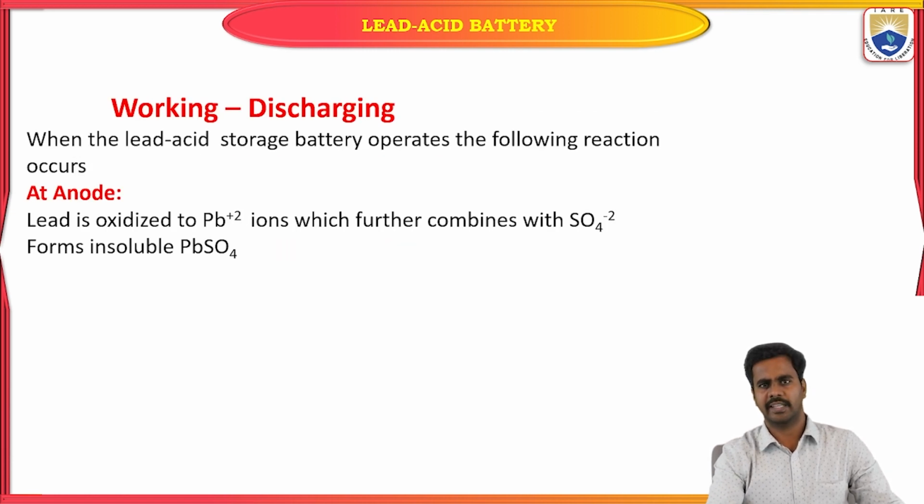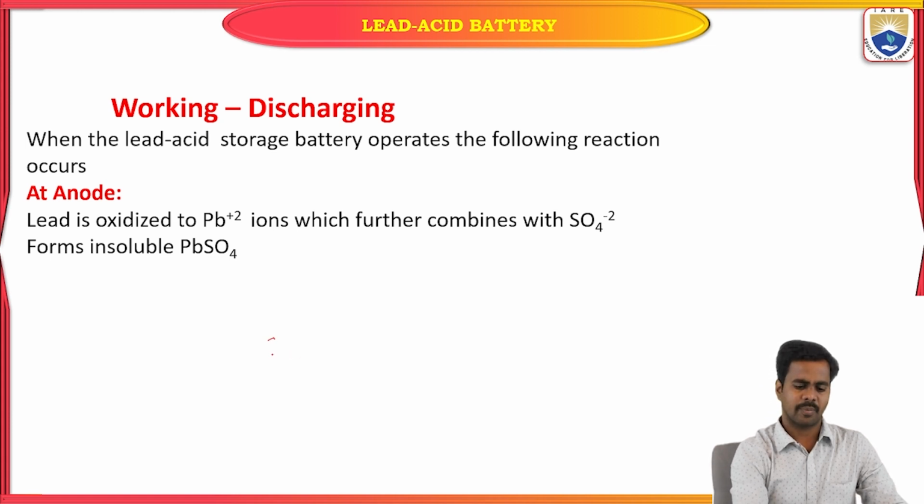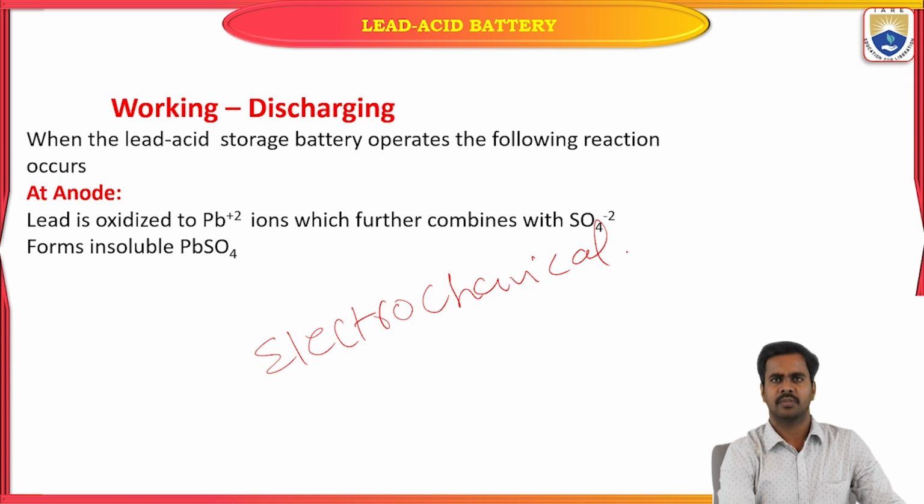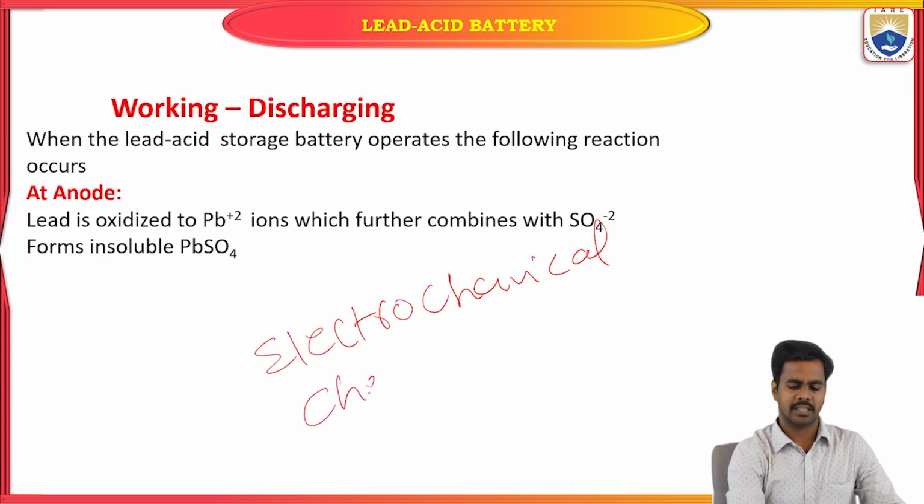So coming to the working. First, lead-acid battery acts as an electrochemical cell. As we know, in an electrochemical cell, chemical energy is converted to electrical energy.